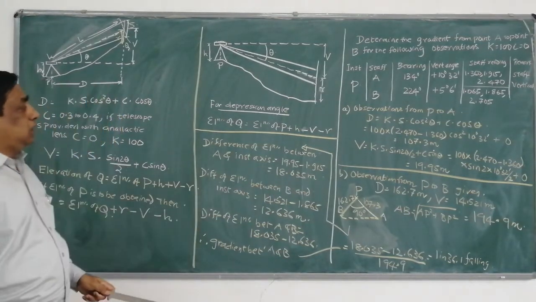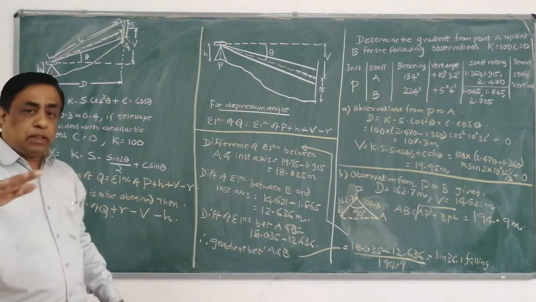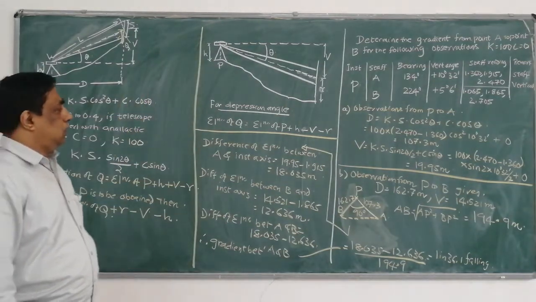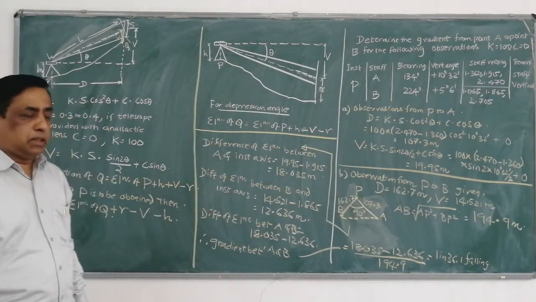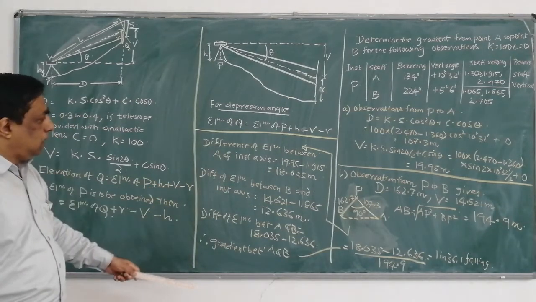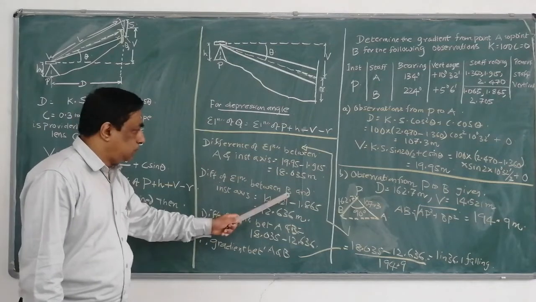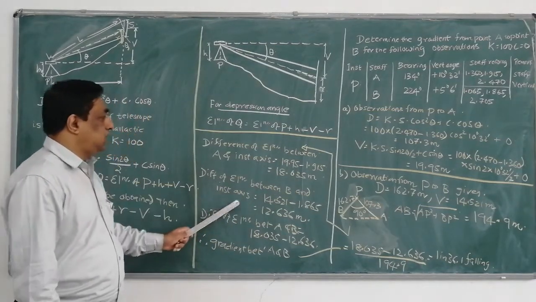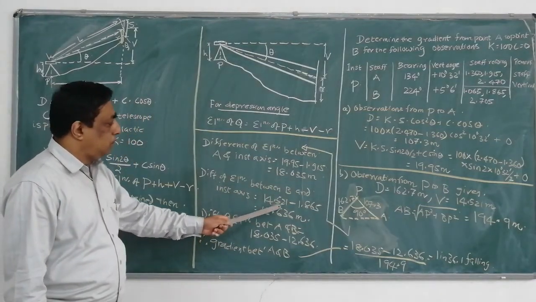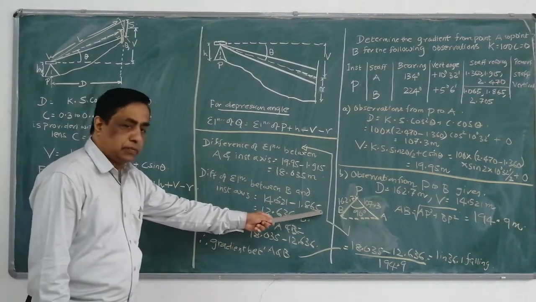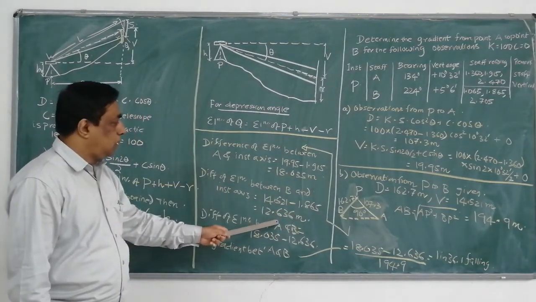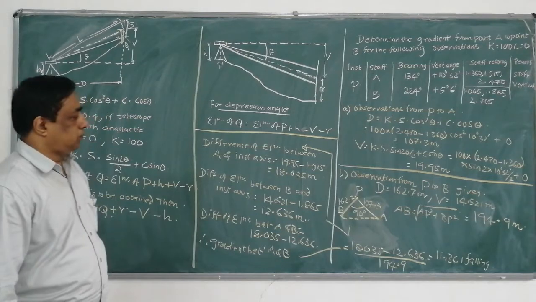That is the difference in elevation between the instrument axis and point A. Similarly, the difference of elevation between point B and the instrument axis is 14.521 minus 1.865, that is 12.636 meters.